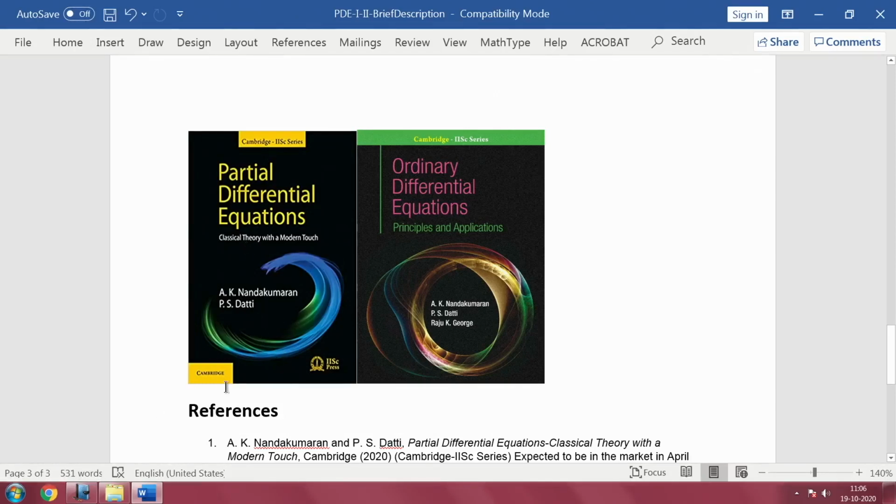This is published under the IISc Press series, recently published in 2020. We are not sure we can cover the entire syllabus, all the topics in partial differential equations, but I am sure in these 2 courses we will try to finish some 70 to 80% of the material mentioned in it, and that will prompt you to study all the material.